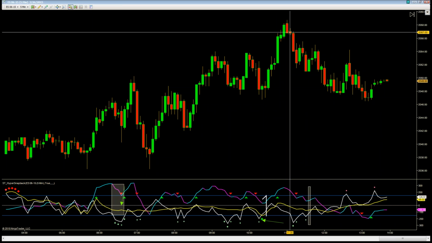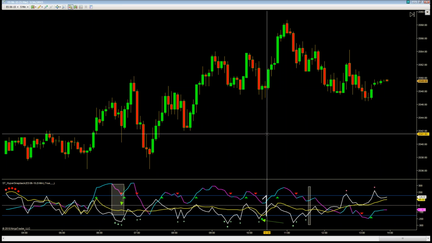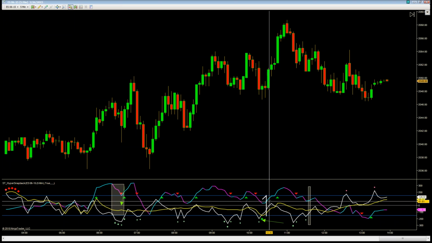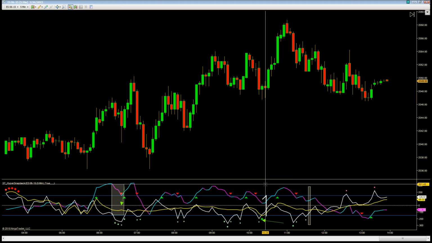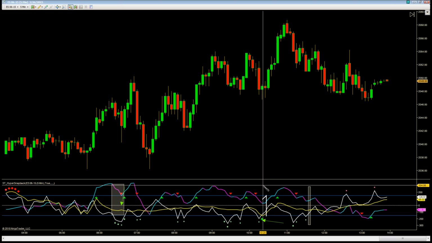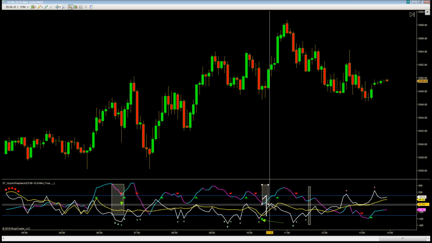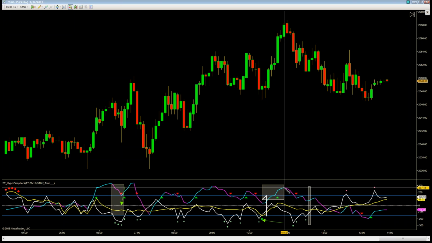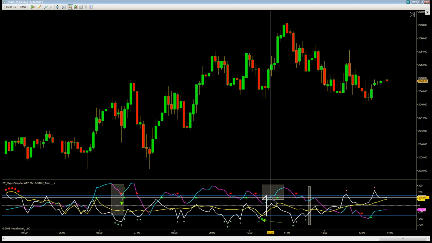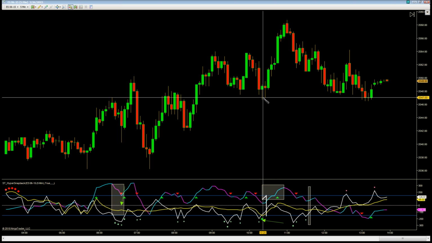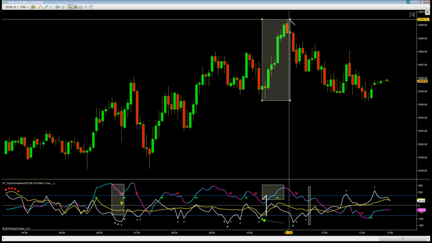I don't know where to get out of this. Now I have a couple of things here. Like I said, we're long when it's blue. And that's right here. So you have one confirmation. You don't get out of this trade until it changes color. So that's this entire move right here.